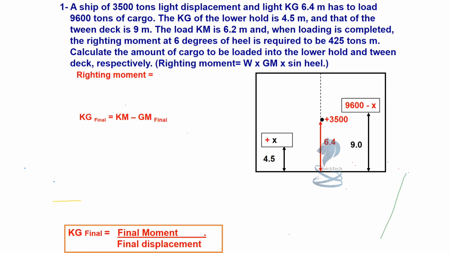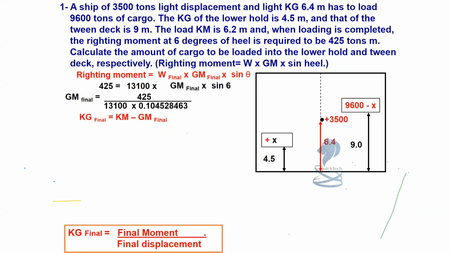So we have to load cargo of total 9600 tons. So let's assume X tons is loaded in lower hold with KG of 4.5 meters. Hence, in the tween deck, it is loaded 9600 minus X tons with KG of 9 meters. The initial displacement of the vessel was 3500 tons and KG of 6.4 meters.